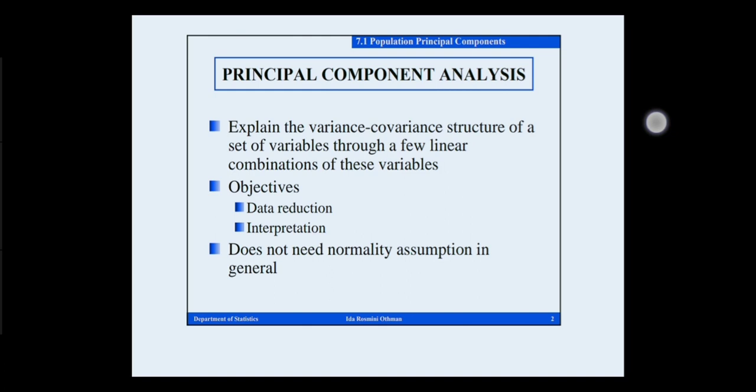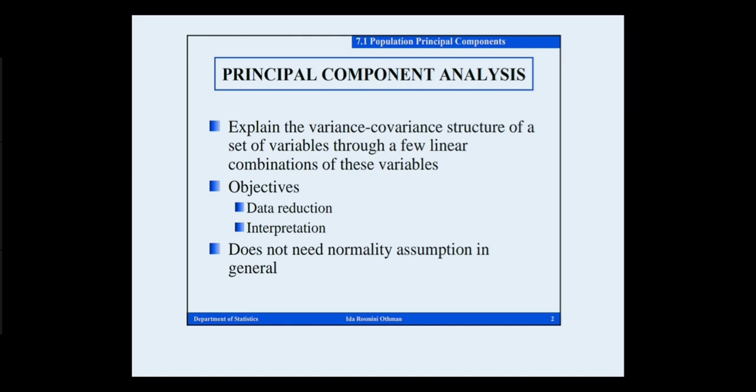As you know before this, we have several linear combinations, and we can find the variance covariance matrix for the linear combinations. So for principal components, we explain the variance covariance structure of the set of variables through a few linear combinations of these variables. Linear combination is not the same as variables, right? You have several linear combinations with several variables.